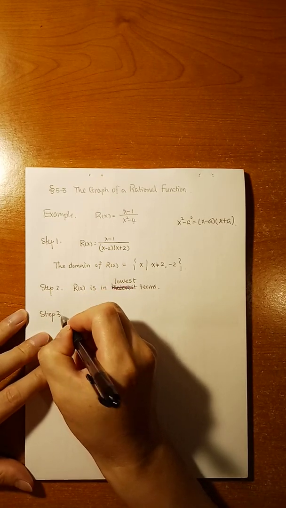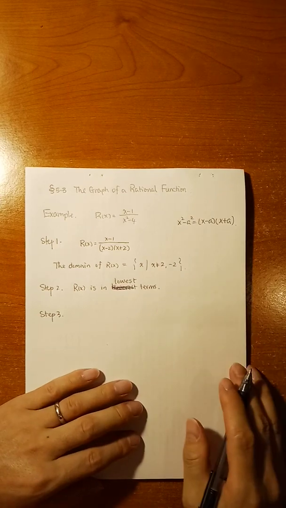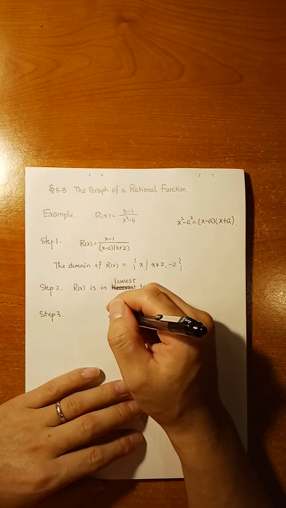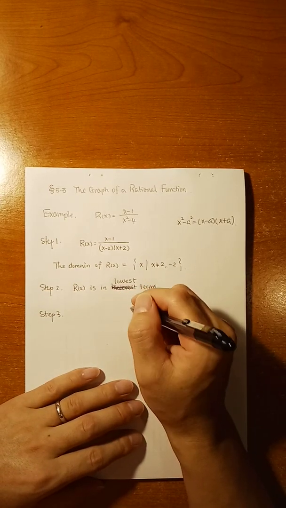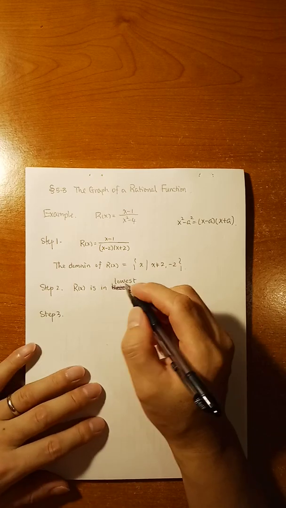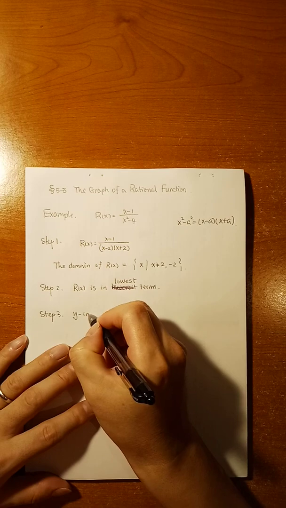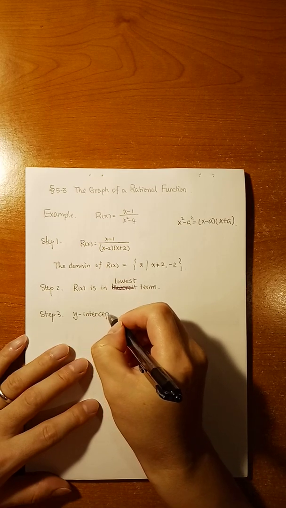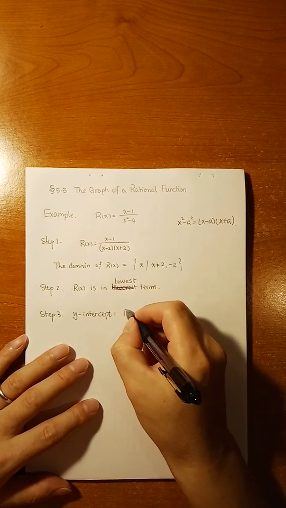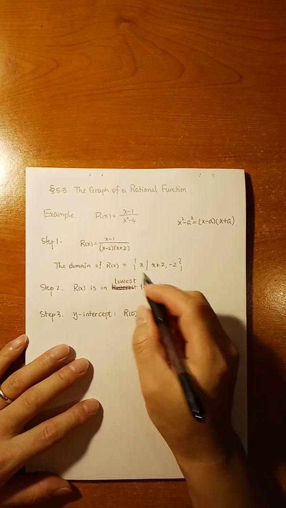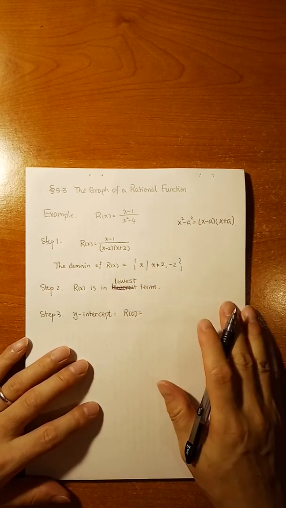Step 3. Once the rational function is in lowest terms, we can determine the intercepts. First, the y-intercept, R of 0. 0 is in the domain, so it has a y-intercept.